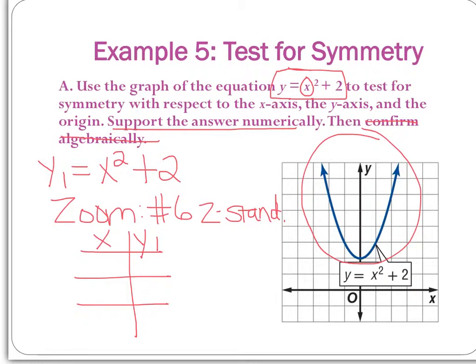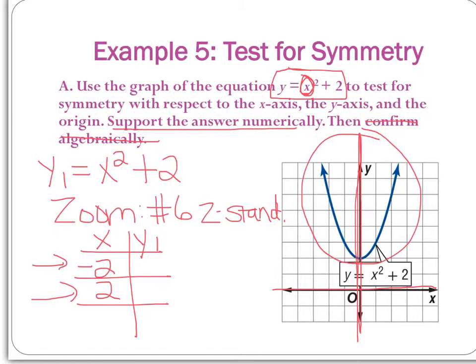Now, here I already know that this graph does not have x-axis symmetry. Clearly I do not fold here and get 2 equal halves. But I do think that our graph has y-axis symmetry, vertical. I'm going to pick a couple x values that are opposite, like -2 and +2, and evaluate the function and plug these values into my table.